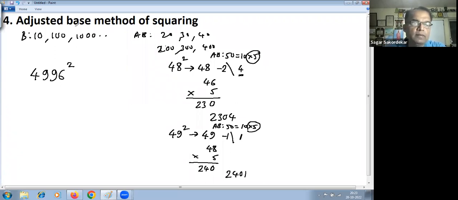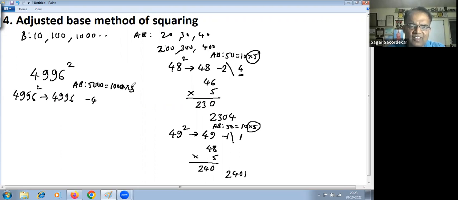Okay, see here. 4996 square. Take the number as it is, 4996. The difference is minus 4, just 4 less than 5000. Our adjusted base here is 5000. So the relation is 1000 into 5, which is 5000.